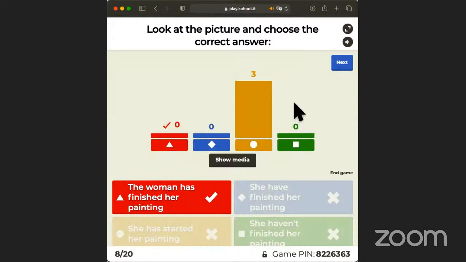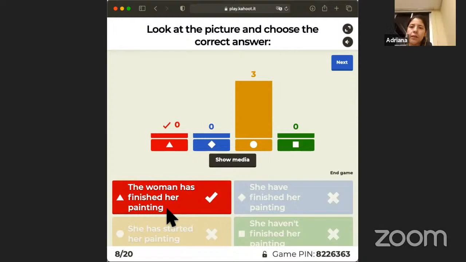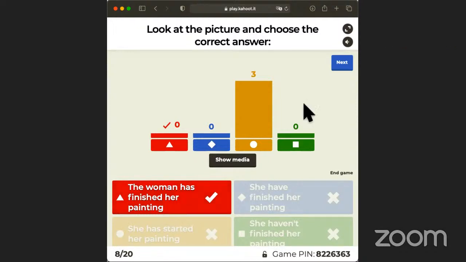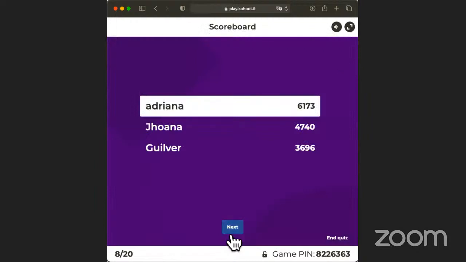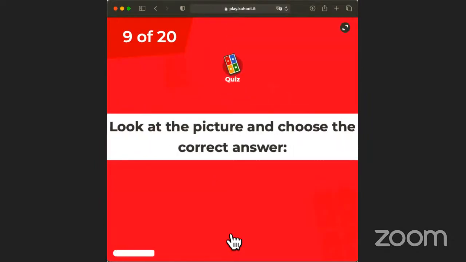Oh, what happened, guys? Okay, Adri, can you read the correct answer, please? The woman has finished her painting. Excellent, thank you very much. Because we've seen that in the picture, no? Okay, no points.